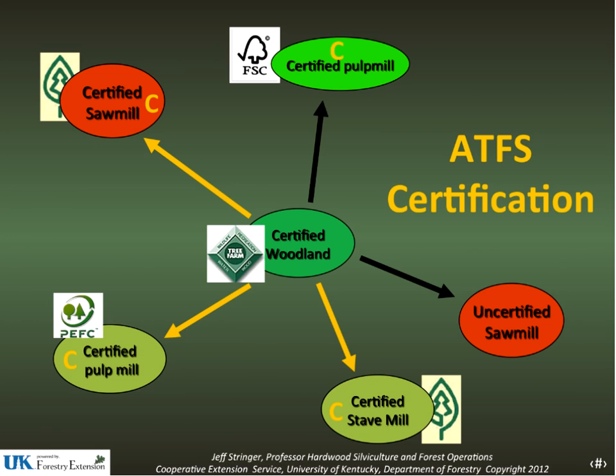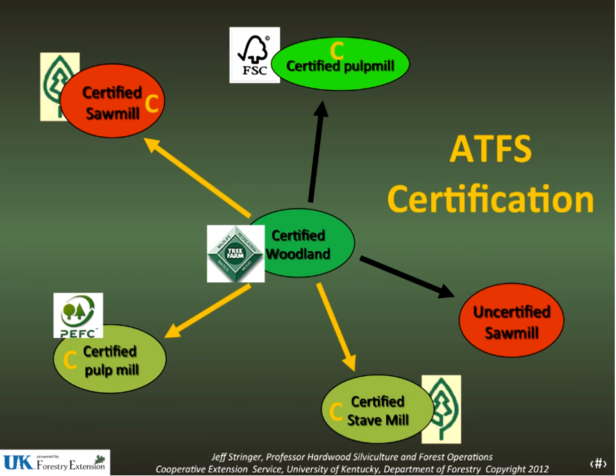If we start out with a certified woodlands or certified forest, in this case it holds an American Tree Farm certificate, that wood can go to all of these different sawmills and pulp mills and all that kind of stuff. Some of them are certified, and we've designated that with a C here.